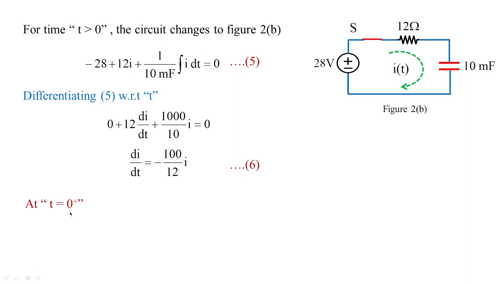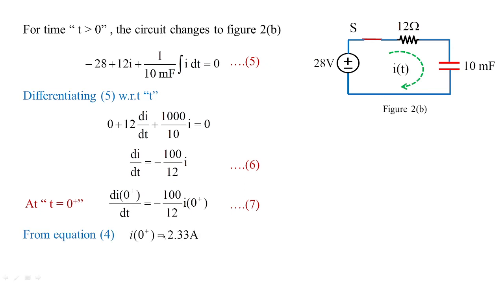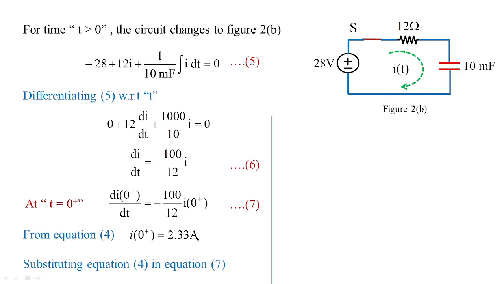Now at t equal to 0 plus, di of 0 plus by dt will be equal to minus 100 by 12 multiplied with I of 0 plus. I of 0 plus from equation 4 is 2.33 amperes, so we substitute equation 4 in equation 7. So di of 0 plus by dt is equal to minus 100 by 12 multiplied with 2.33. This value is obtained as minus 19.416 amperes per second.